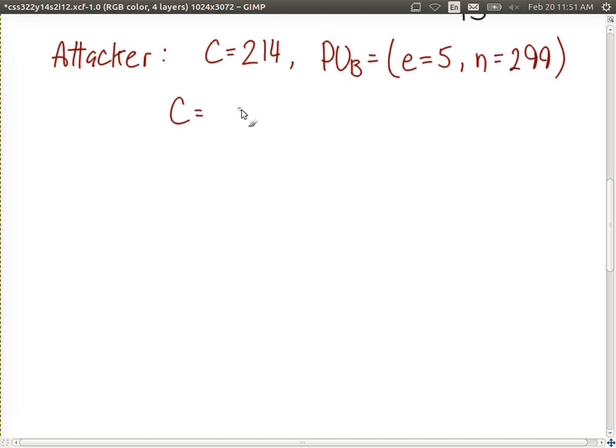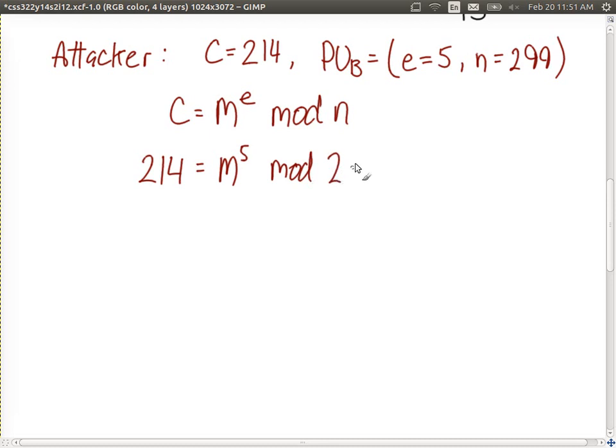Encrypt we know was C equals M to the power of E mod N. So let's write that with what we know. C is 214. M we don't know. E is 5, we know that. N we know is 299. So the attacker knows this, easy.